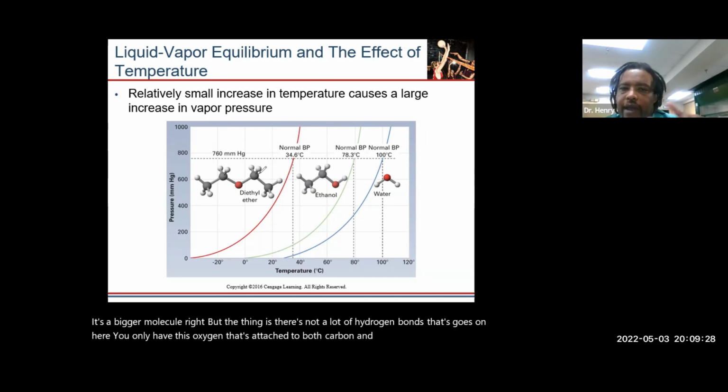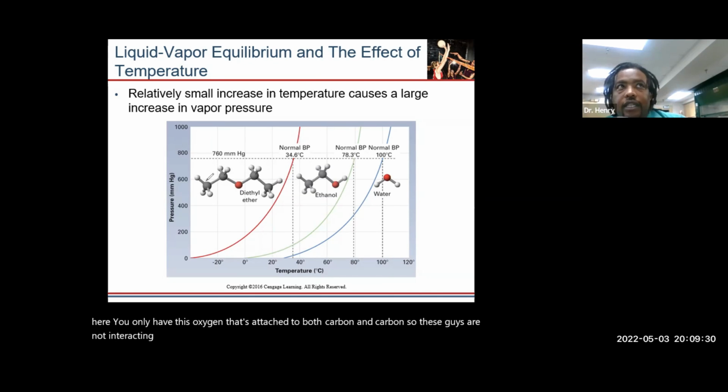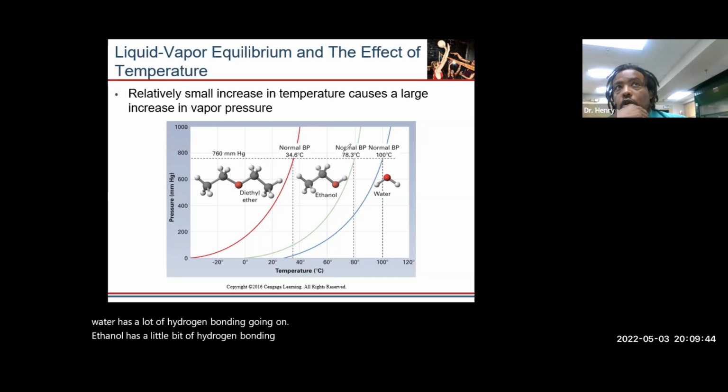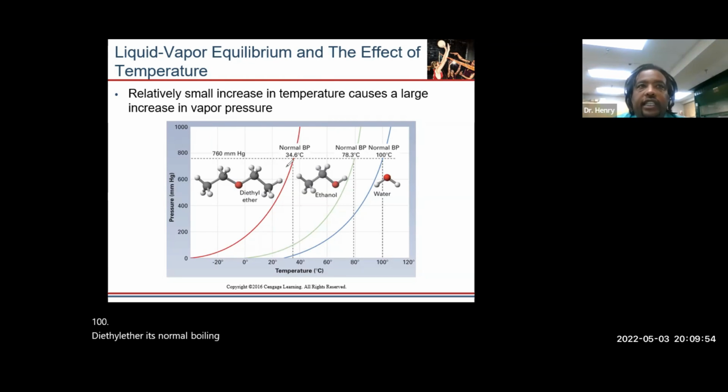So these molecules are not interacting very well with each other. Carbons are going to have a very weak interaction, not as strong as a hydrogen bond. Water has a lot of hydrogen bonding. Ethanol has a little bit of hydrogen bonding. So its normal boiling point is 78.3, where water is 100. Diethyl ether's normal boiling point is 34.6.